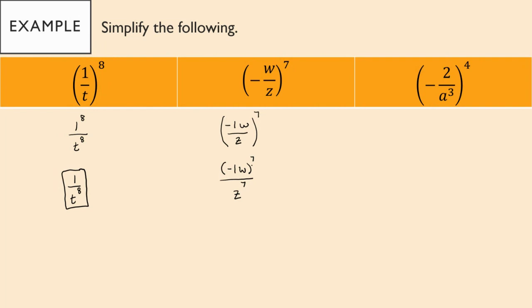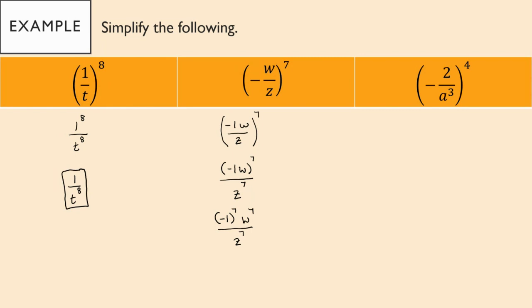Now on top, we want to simplify further by the power of a product rule. So on the top, we want to distribute the 7. We're going to attach that to the -1 and then attach it to the w. And then we still have the z on the bottom.